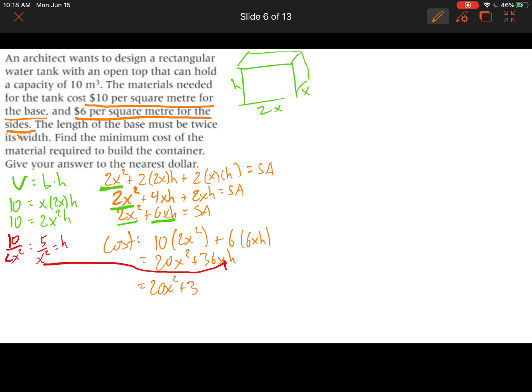That's 20x squared plus 36x, and then instead of h, we're putting 5 over x squared in there. This is going to get us 20x squared plus 36 times 5, which is 180, over x. And now we need to optimize that.